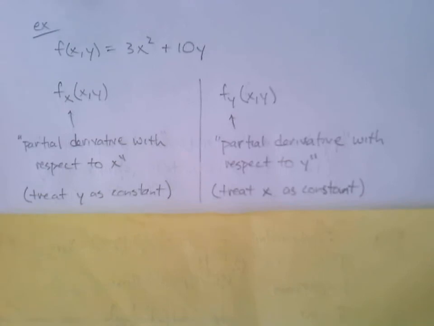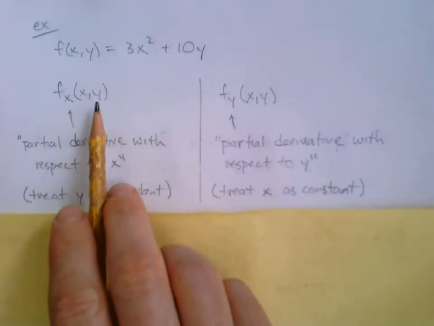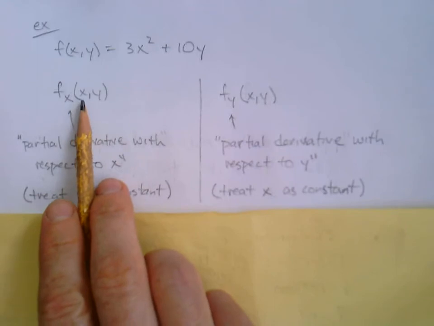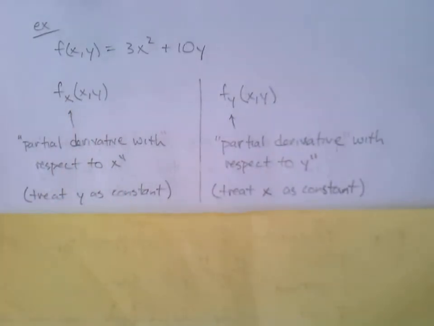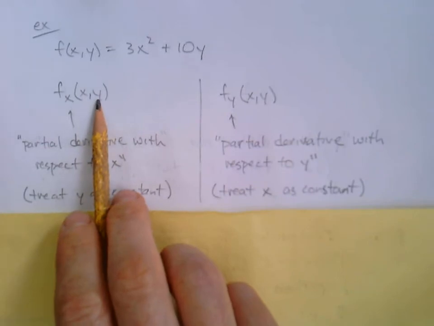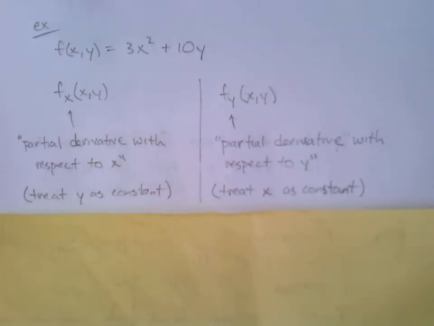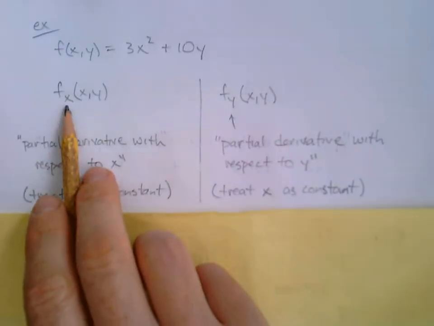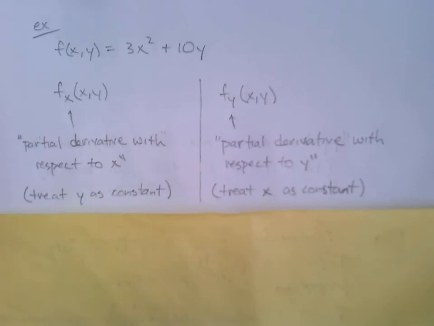When you perform that, what would it mean? How should we treat the y? So the x is just our variable. We take the derivatives like normal. But when we come across a y, how is it to be treated if we're taking the derivative with respect to x? Well, you see it there at the bottom. We treat it like a constant. Why would we treat it like a constant? Because we're only considering the x to be changing.